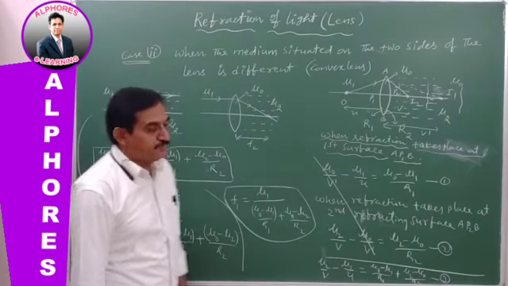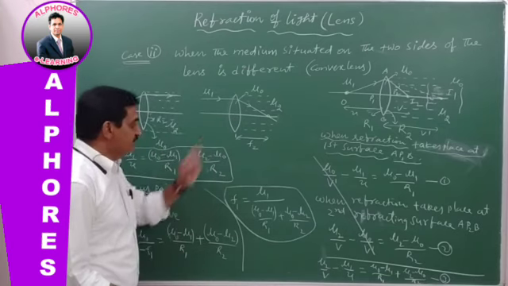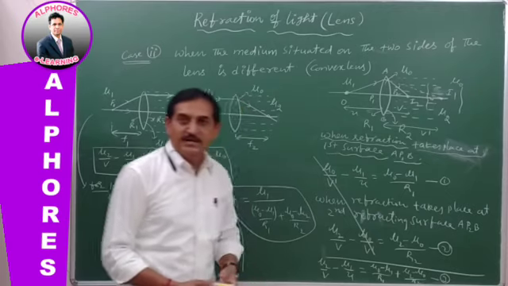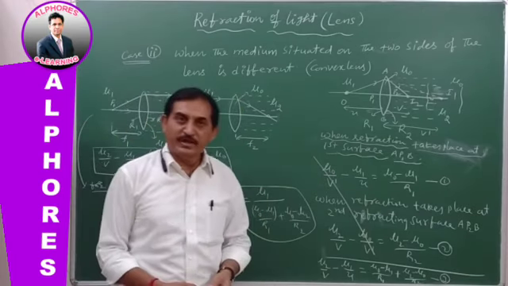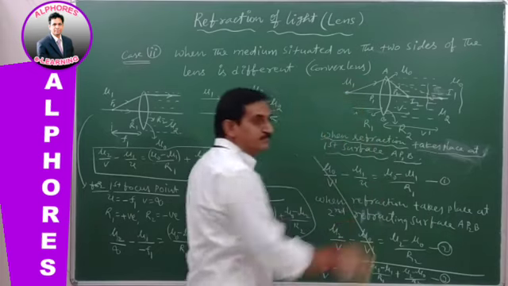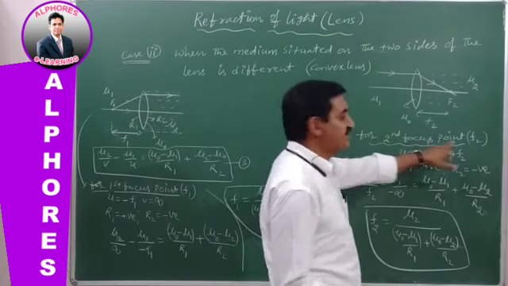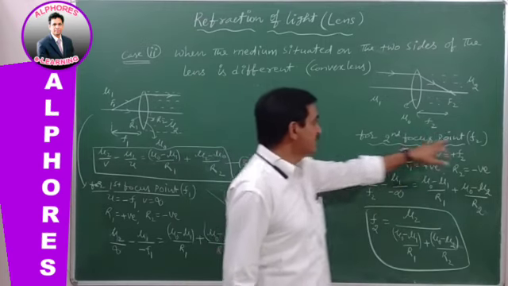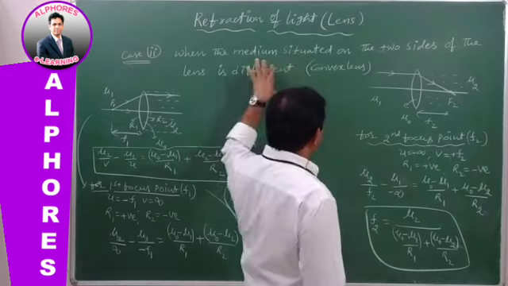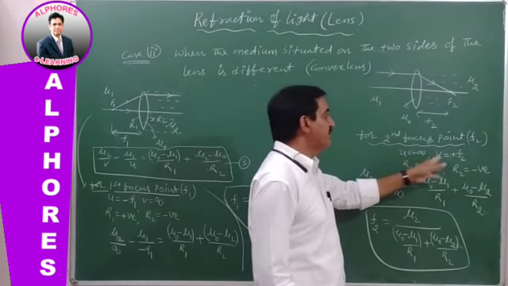And the second focus point can also be found by applying this case. So let us see that case. I am going to remove this part, and for the second focus point F2, the sign convention: the object is at infinity, a parallel beam, therefore U is minus infinity.